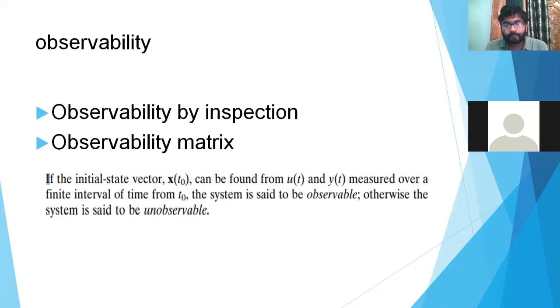Observability is the reverse process. If we are able to successfully find out the initial state vector, then the system is said to be observable. If we cannot find out the initial state vector from the response point of view, the system is not observable, or unobservable.